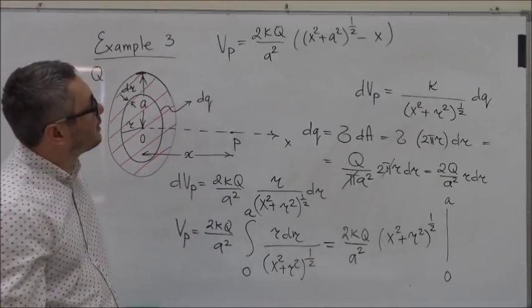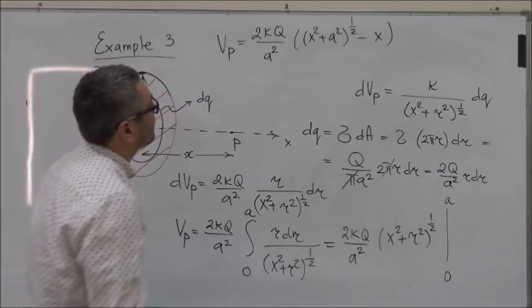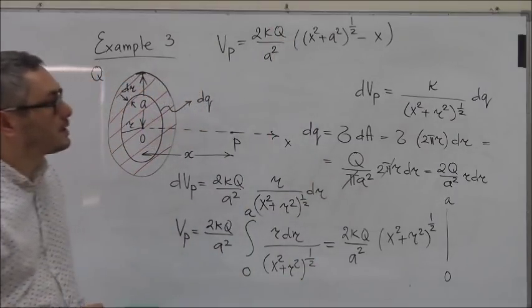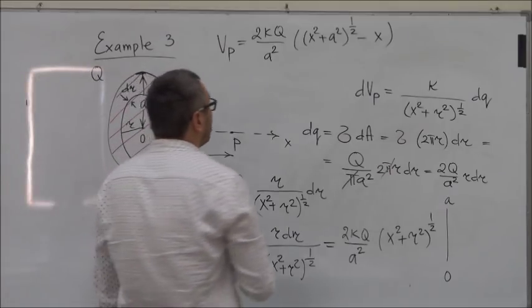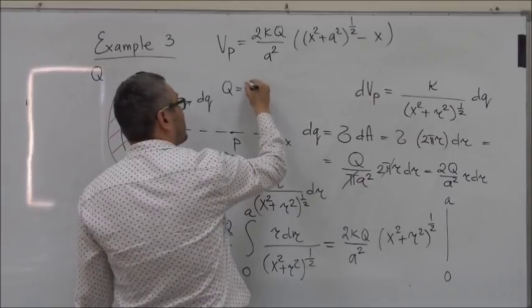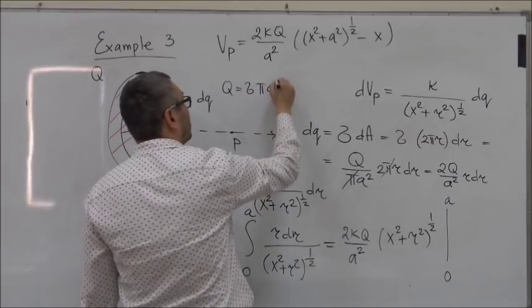This is one way of writing it. Another way, if you get rid of Q and write sigma instead: remember that Q is equal to sigma times pi a squared.